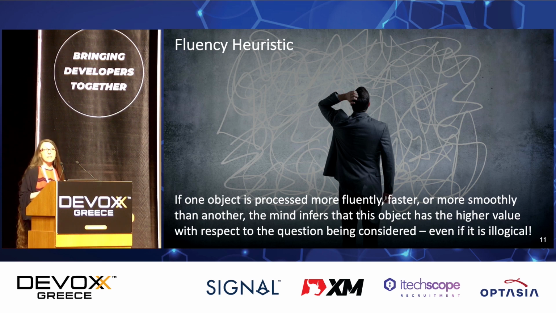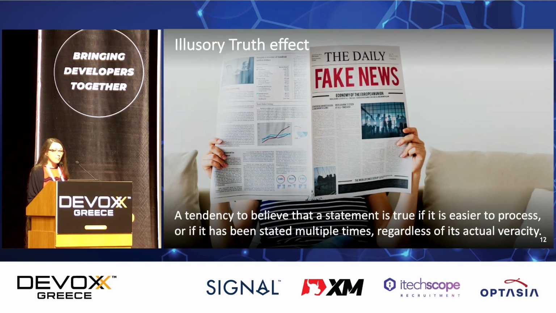So if a website has a clear and easy to understand structure, we might assume that it is safe and reliable, even if there is no logical reason to think so. The fluency heuristic is so powerful that it can warp our sense of truth.